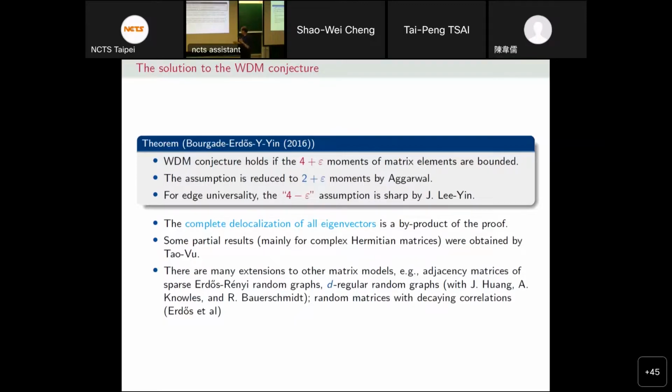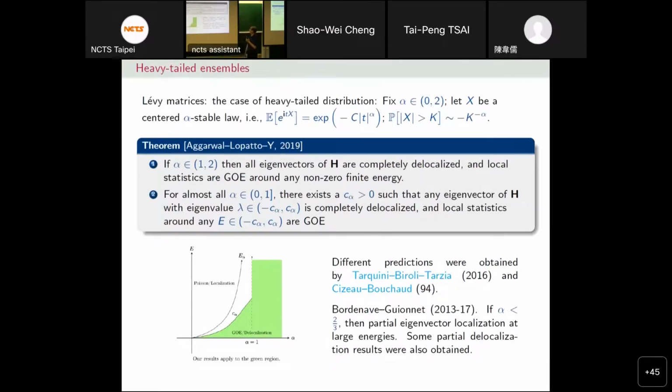So there are various generalizations. All I want to say is that you can even go below the second moment, and this is something called fat tail matrices.